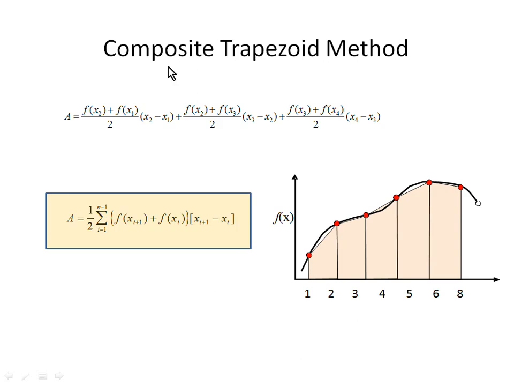So we can also do a composite trapezoid method by basically repeating what we just did. So here are 5 different geometric entities for integrating this function from this point to that point.